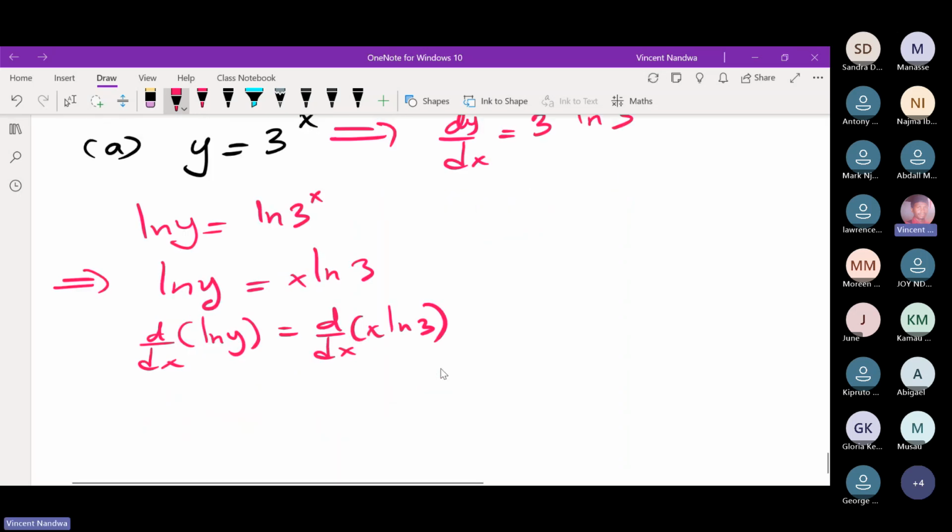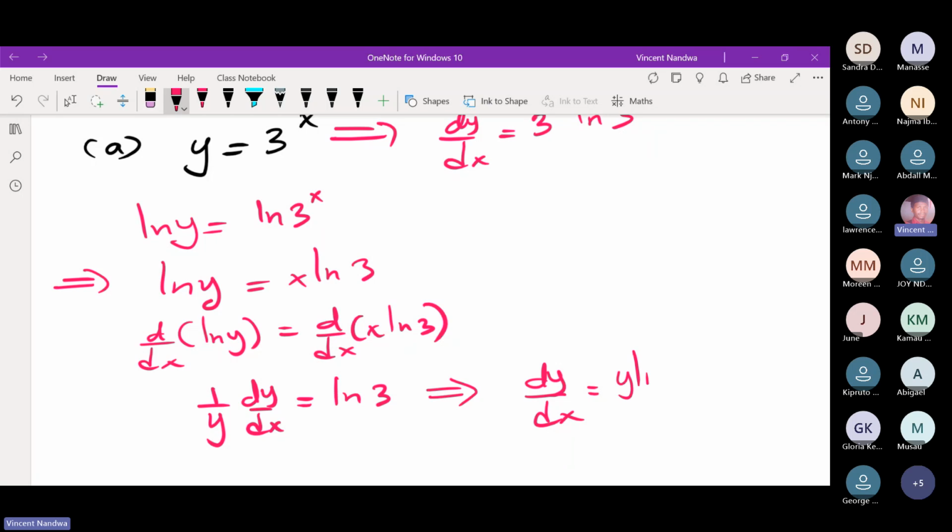Then you know that d dx of ln of y will be 1 over y dy dx, and d dx of x ln of 3 will be ln of 3. So with that, you make dy dx the subject, so dy dx will be given by y ln of 3, but you remember y alone is 3 power x. So this will be 3 power x ln of 3.